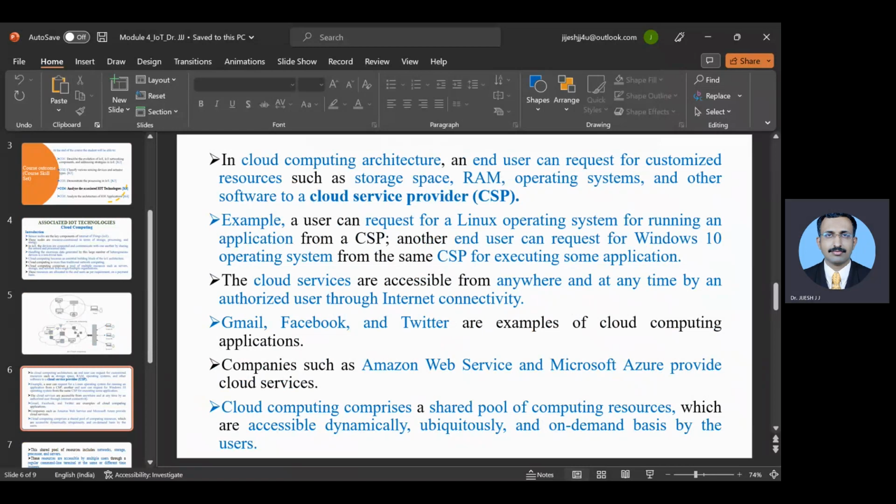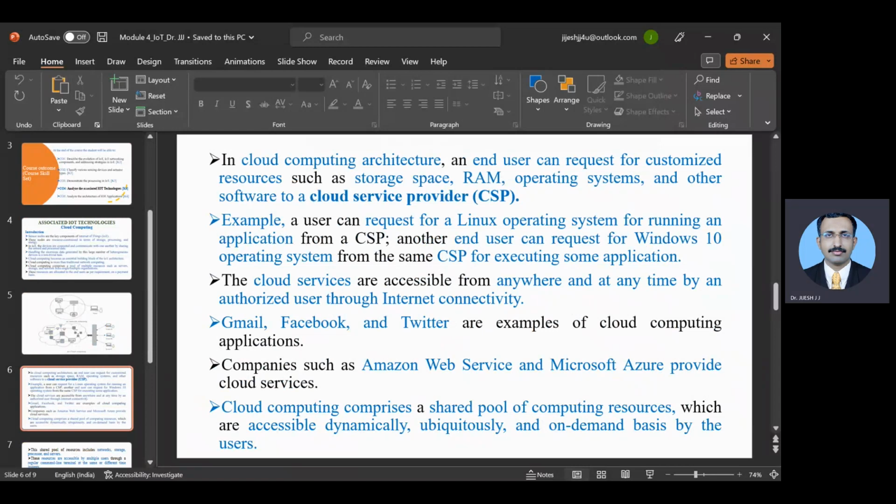So these are all cloud service providers who provide the facility for users to use the amount of information, meaning the amount of data required or the customization the user needs. All these things can be done. You can also say that cloud computing comprises a shared pool of computing resources which are accessible dynamically.